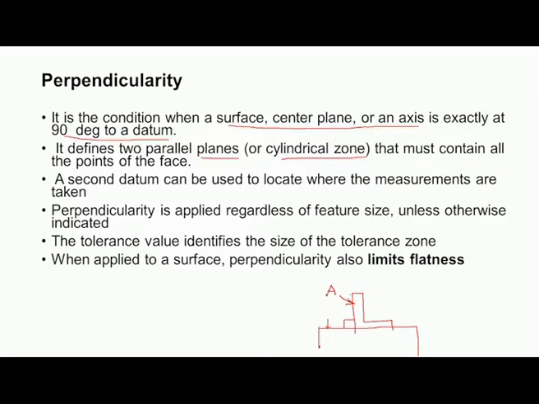For example, here we have this surface which is to be perpendicular to the datum. Now, what we have to do is consider two planes like this. So, this is one plane and this is another plane.